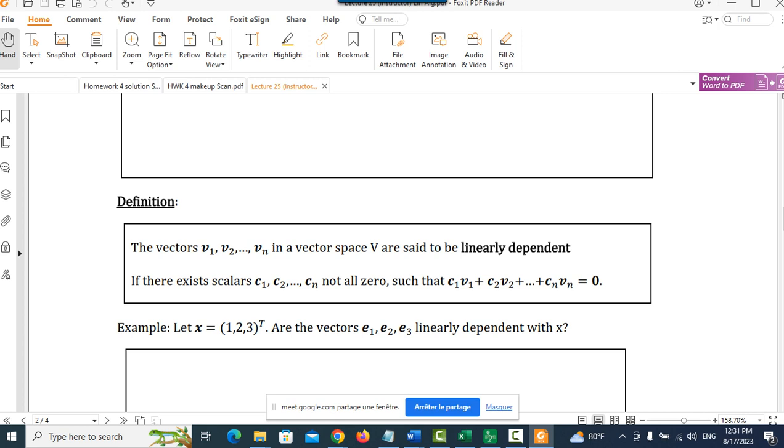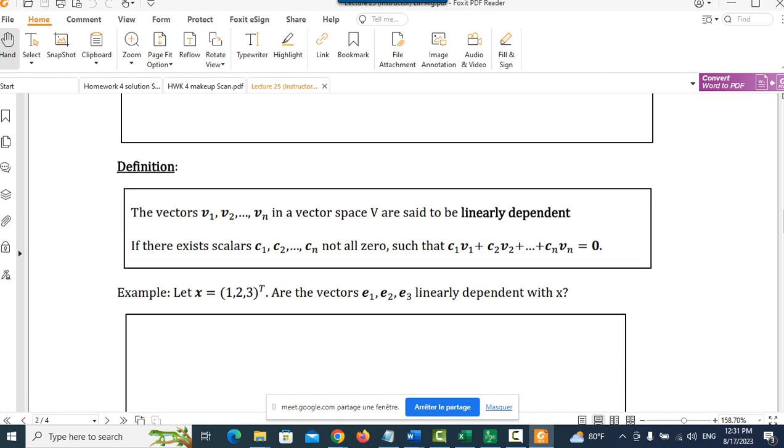Now, definition. The vectors v1, v2, ..., vn in a vector space V are said to be linearly dependent if there are scalars c1, c2, ..., cn, not all 0, such that their linear combination is equal to 0. Now, let x be the vector [1, 2, 3] transpose. Are the vectors e1, e2, e3 linearly dependent with x?